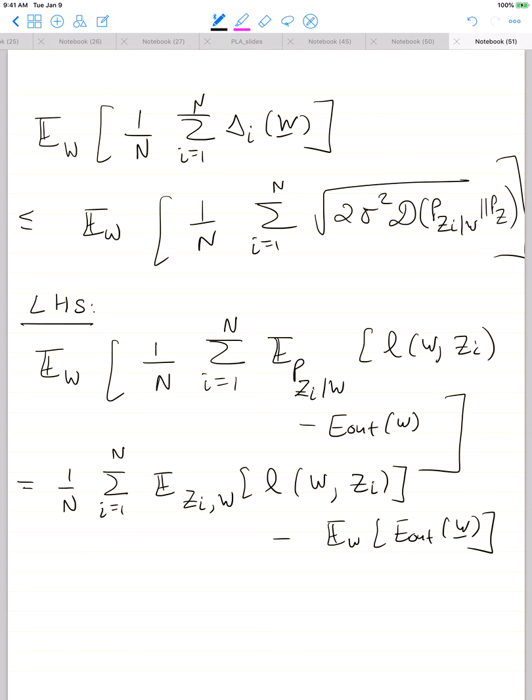But note that the first quantity is exactly expected value over S and W of E in of S and W.